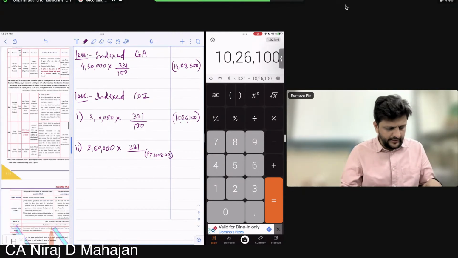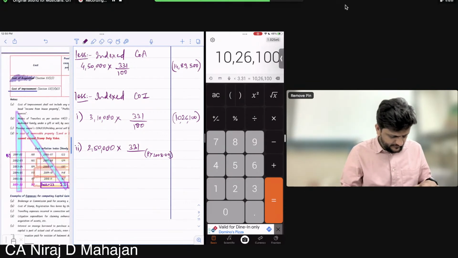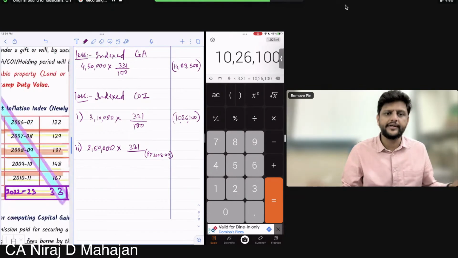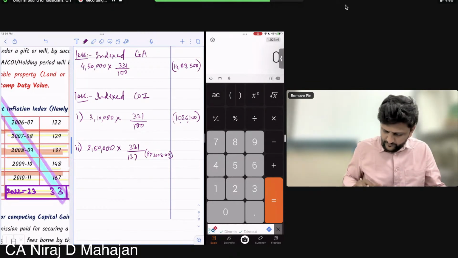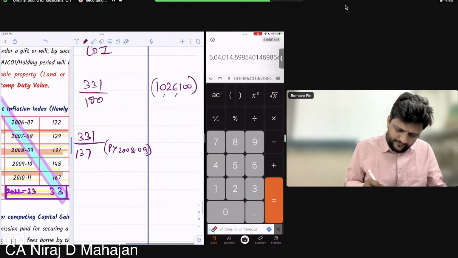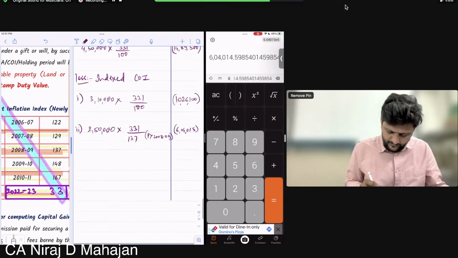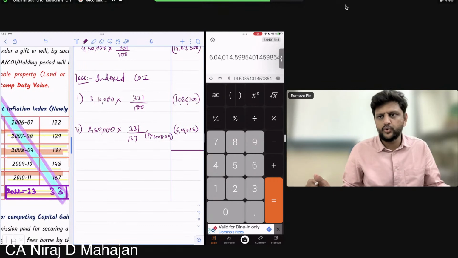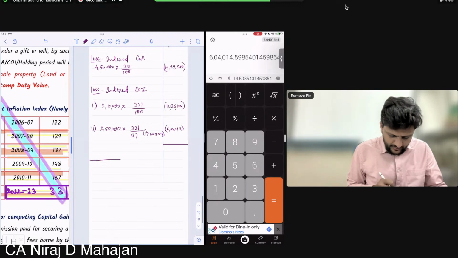Go back to your notes and check. 2008-9 CII, 137. Yes, Shelly, all of you? 6,04,015 I'm taking बच्चों. Okay. Done everybody? So basically 2 cost of improvements and 1 obviously cost of acquisition. You get your long-term capital gain.